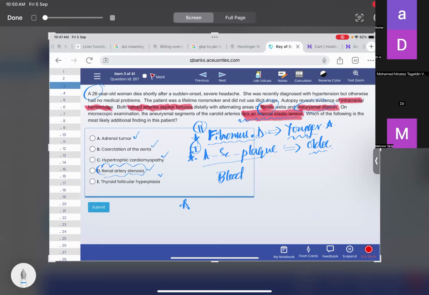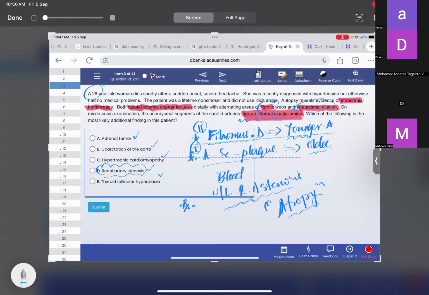One other MCQ I have seen: what will happen when we have unilateral renal artery stenosis? What happens when an organ does not receive blood? It will atrophy, so the kidney is getting atrophied.